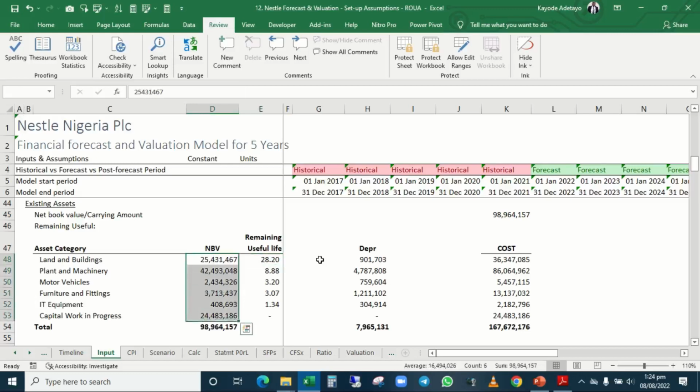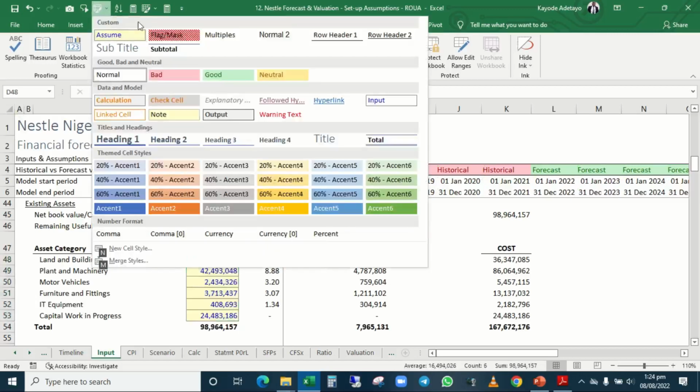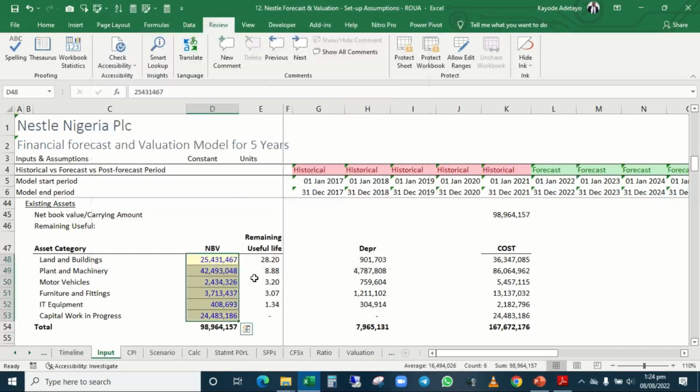So these are all picked from the historicals. Then these ones we calculated, so they are part of our assumptions, but we have used these two to get that.